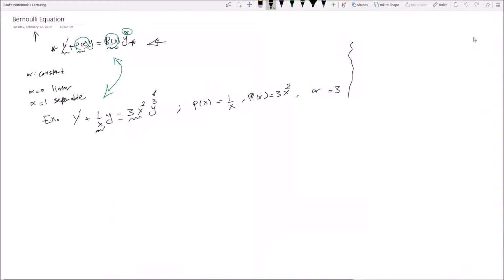In 1696, Leibniz showed that if alpha doesn't equal 1, then the Bernoulli equation becomes a linear equation with a change of variable in the following form.